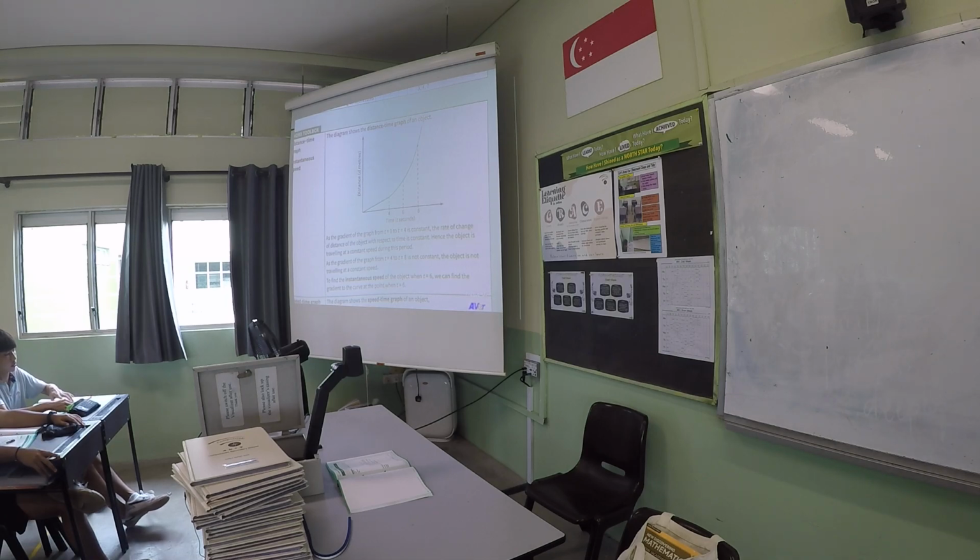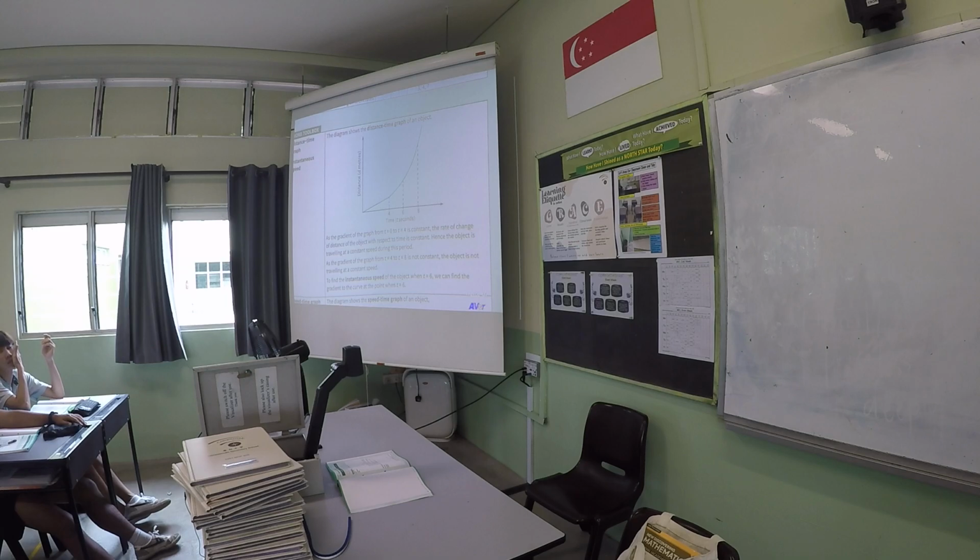If I want to find the gradient of this part, this is a straight line. What I'm actually doing is change in y divided by change in x to find the gradient. What is this change in y? Let's say this one is 5 minutes.